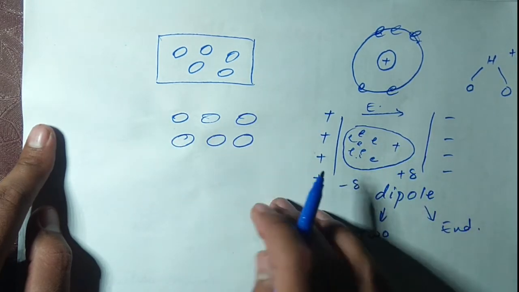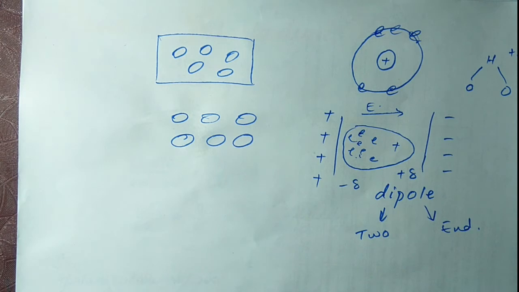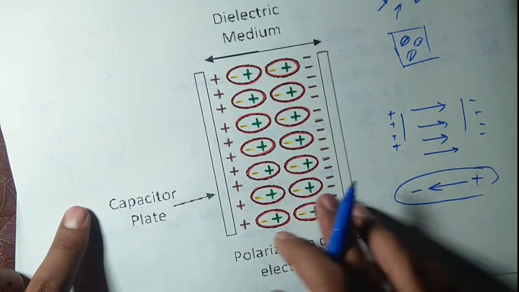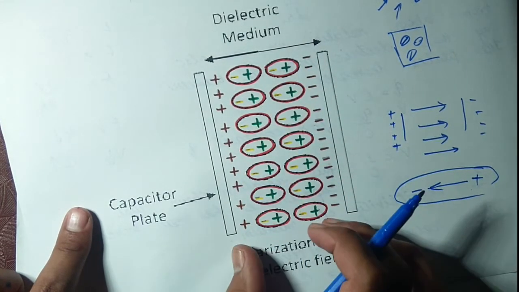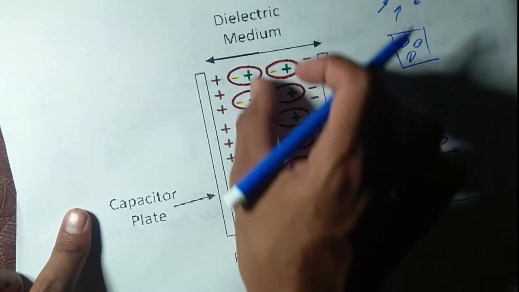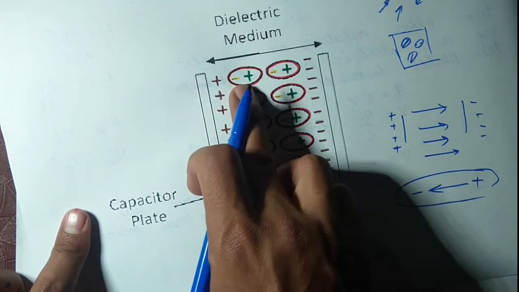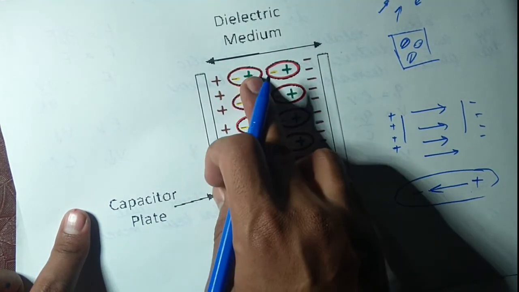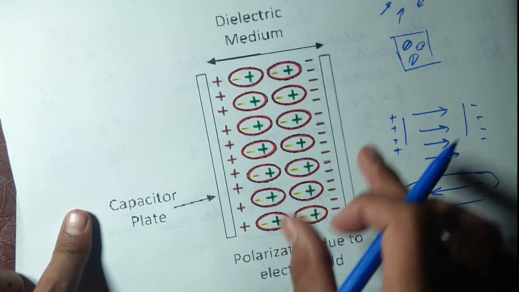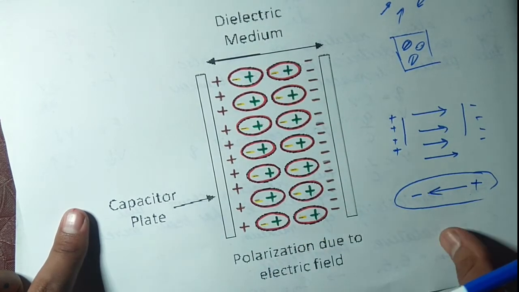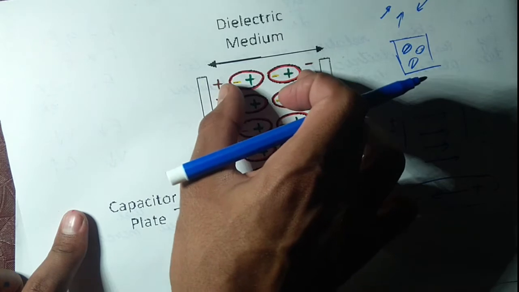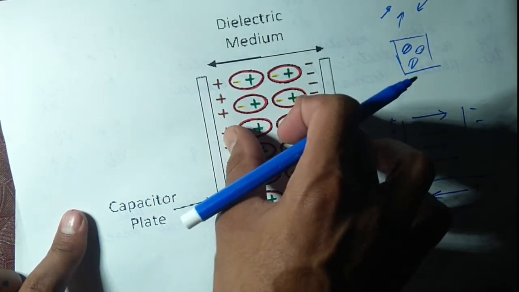We already described this figure in our first lecture. When you apply an external electric field, the dielectric dipoles align themselves. These are the dipoles, with a negative pole and a positive pole. When they align themselves like this, now we have to calculate the polarization. Their alignment is polarization.